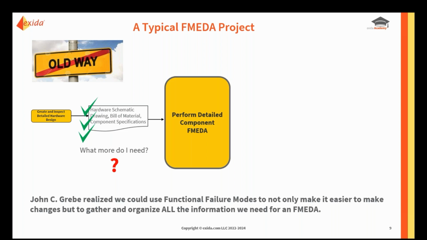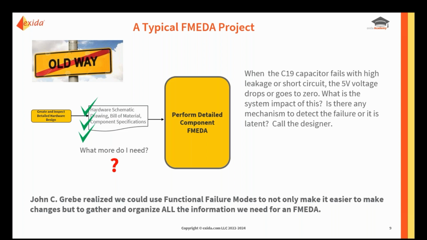So you start your way through the hardware schematic and you start entering components into your FMEDA, and you get to capacitor C19. And you say, okay, when this is shorted, the 5 volts goes to 0. What happens to the element when the 5 volts goes to 0? Well, if you can't figure it out, you're going to try to contact the designer.